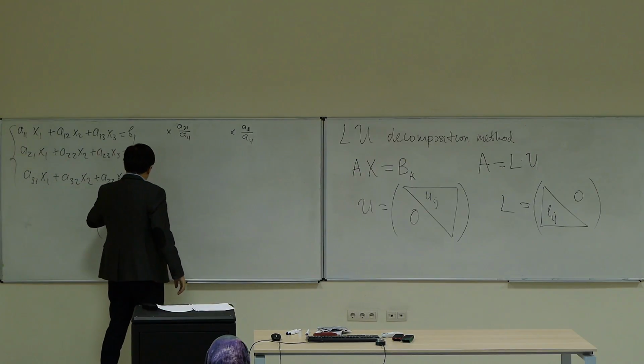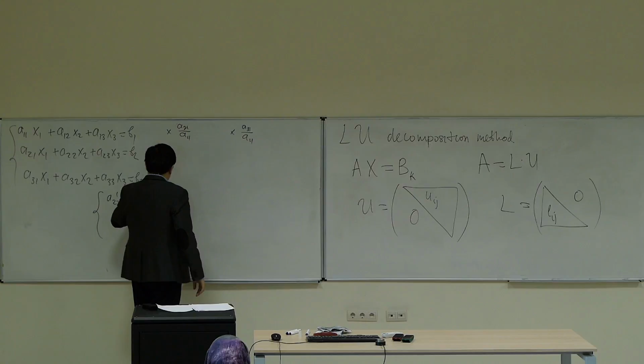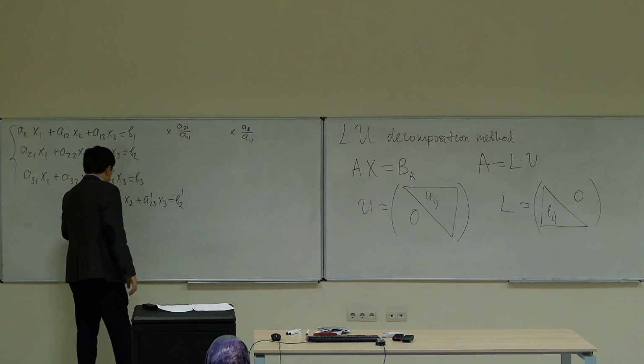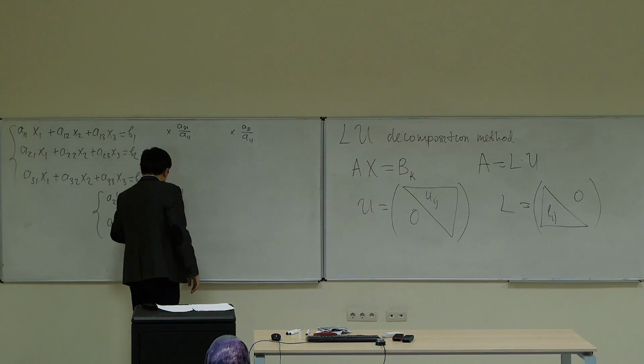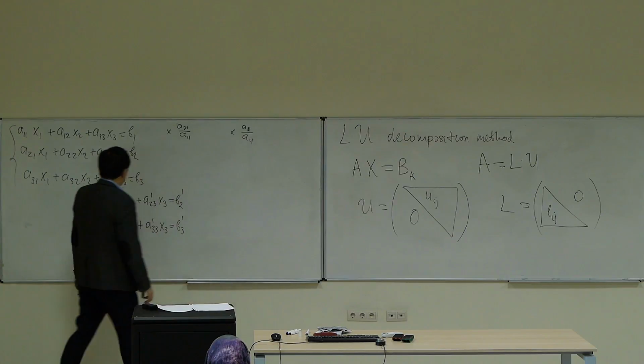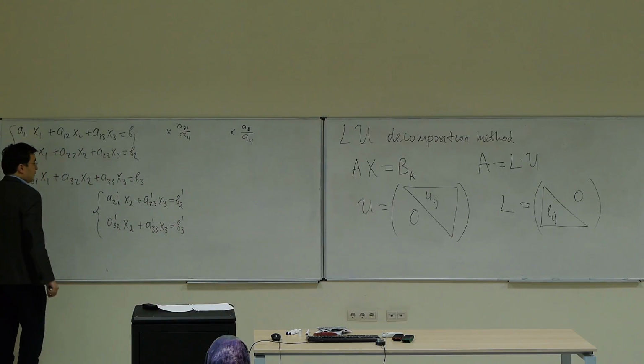A22 prime x2 plus A23 prime x3 is equal to B2 prime. All right, so we eliminated x1 and we have this reduced system.